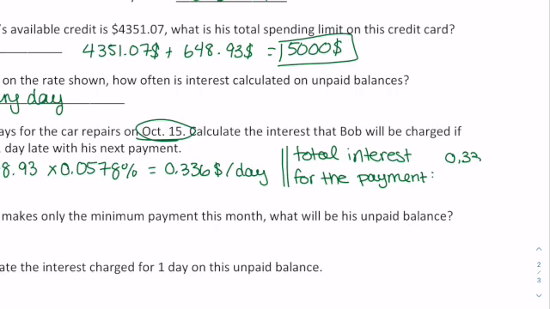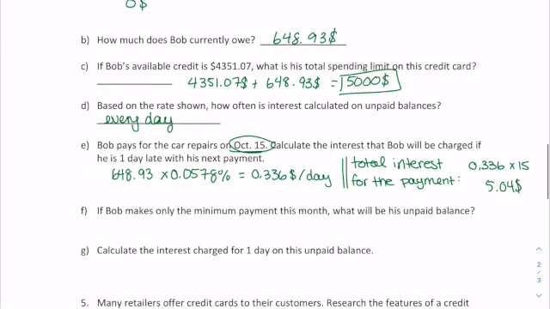So 336 times 15. So roughly $5 is what he'd get charged.